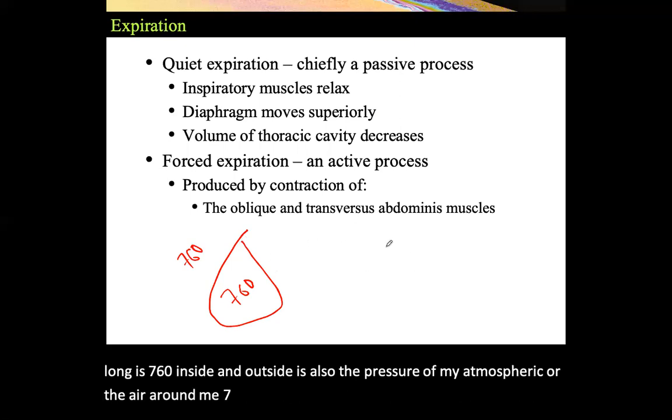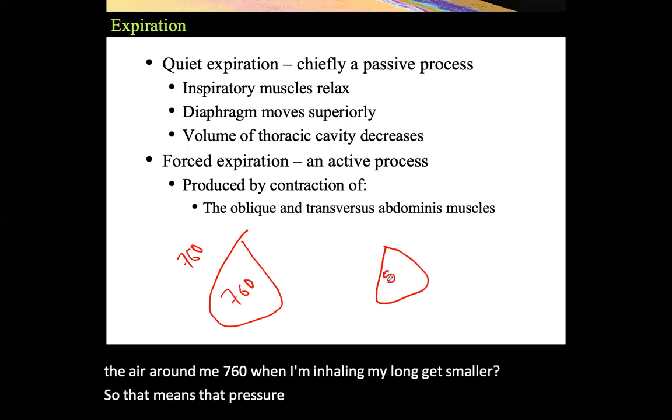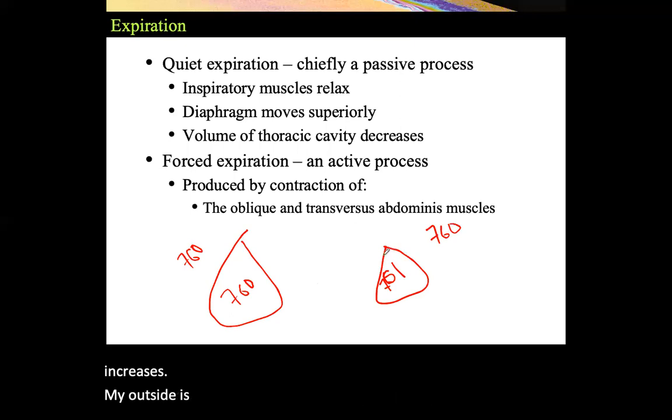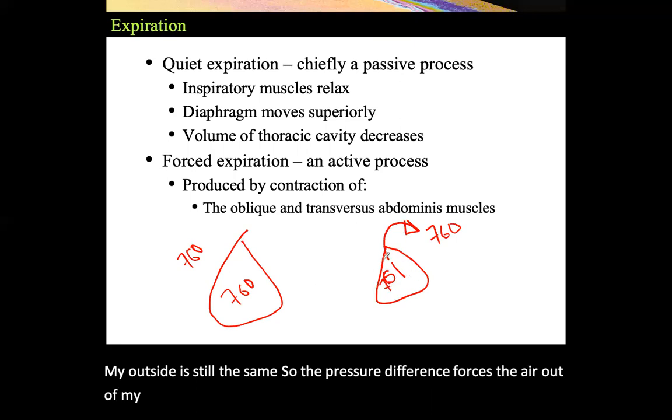When I'm exhaling, my lung gets smaller. So that means the pressure is going to build inside my lung. So it increases. My outside is still the same. So the pressure difference forces the air out of my lungs. So air goes from the higher pressure to the lower pressure.